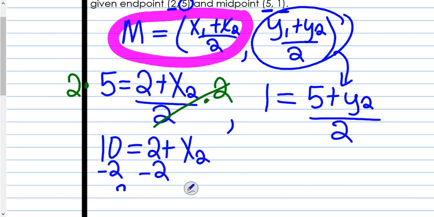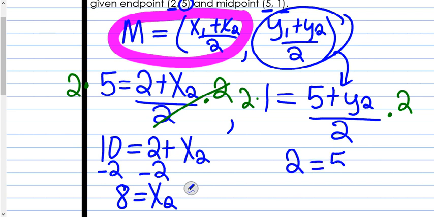I have 8 equals x2. Do the same exact thing on this side. I want to get y2 by itself, so I have to get that division done. So I'm going to multiply both sides by 2. When I do that, I have 2 on the left equals 5 plus y2 on the right. Subtract 5 from both sides. And we have negative 3 equals y2.